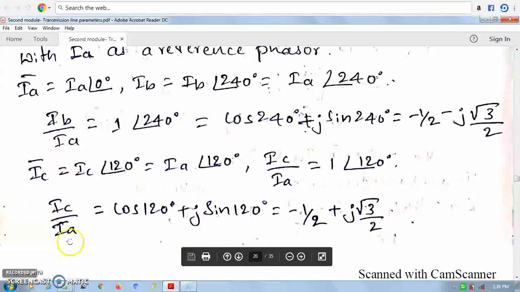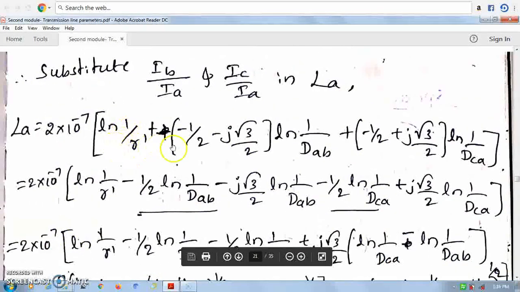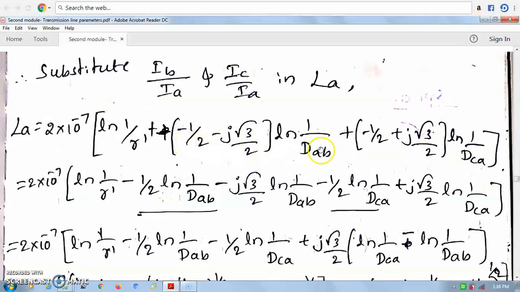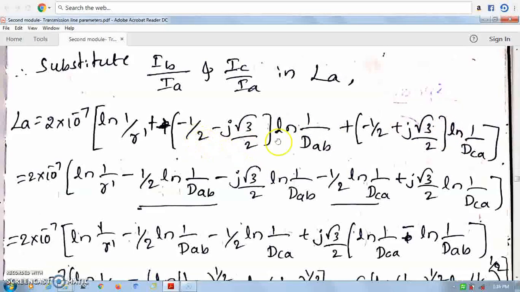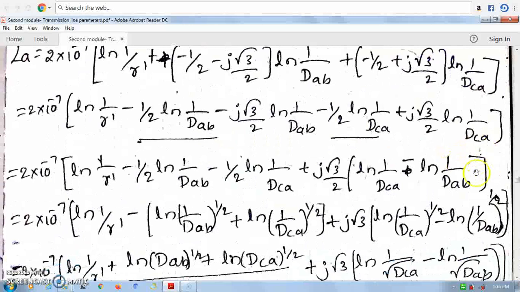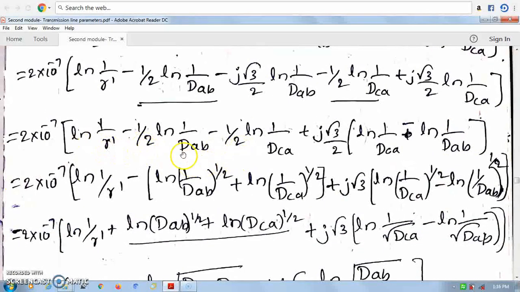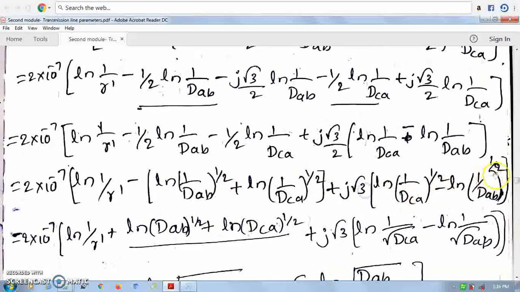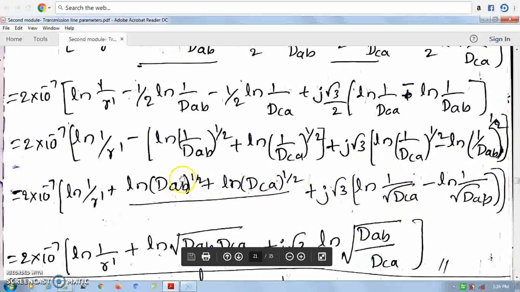Substitute this IB by IA and IC by IA in the previous equation, substitute these two equations here. Therefore, minus 1 by 2 multiplies here, minus j root 3 by 2 multiplies here also. Minus 1 by 2 here and minus 1 by 2 here, take it one side, and j root 3 by 2, take it one side. Raised to the power of 1 by 2, 1 by 2, and here also root 3 by 2 gives 1 by 2, 1 by 2 as the power of this term. Then ln of 1 divided by DAB has a minus sign here, so if it comes in the numerator side, take the minus inside.